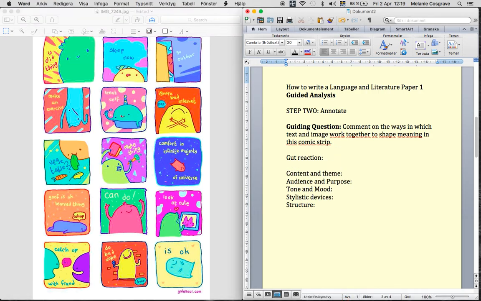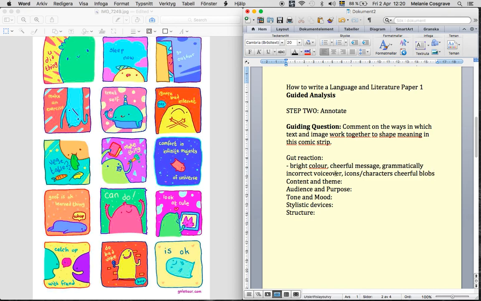Now, I'm going to start with my gut reaction, and my gut reaction here is that what popped out to me were the bright colours, the cheerful message, the grammatically incorrect voiceover, and I think as well we have the little icons or characters who are cheerful blobs. So these are some of the things that we can work towards.